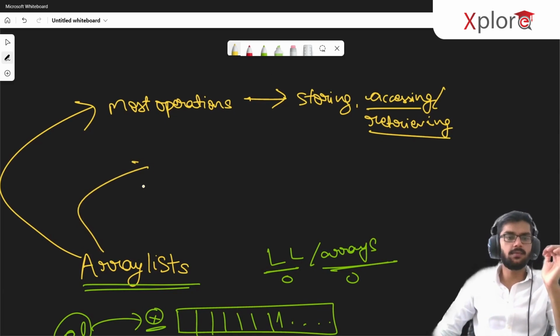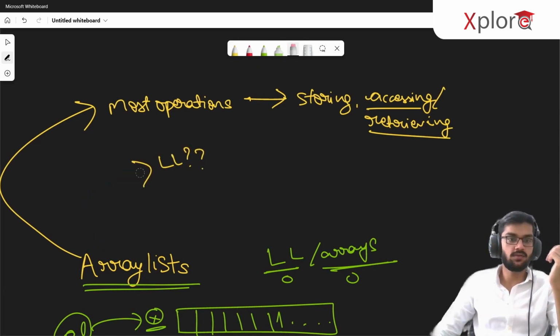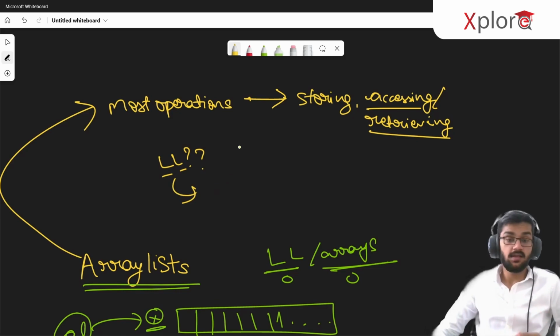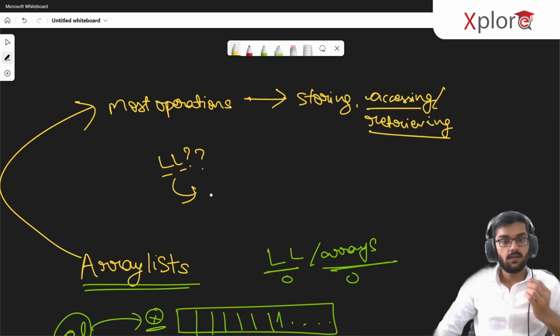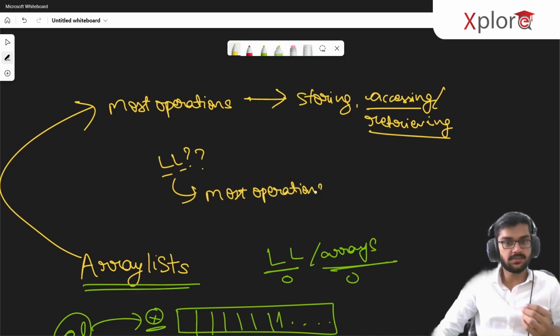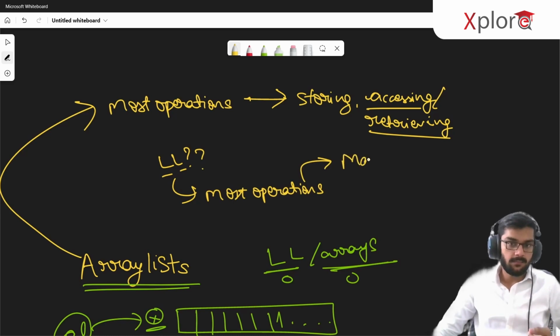Now, when will I be able to use linked lists? I don't need to have the array here. So what I'm writing is LL, which is linked list, so don't be confused with that. When will I be using linked list? Well, I can use linked list when most of the operations are focused on manipulating the data.